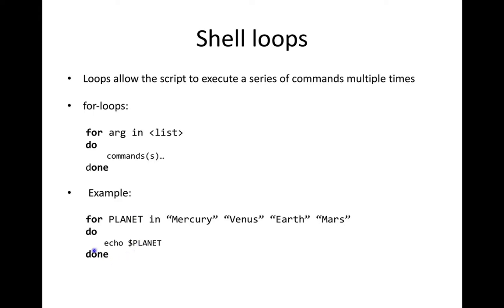Each time the interpreter loops through the set of statements, the value of the planet variable is going to be associated with each item in the list that's provided. So we use for loops to iterate over lists.